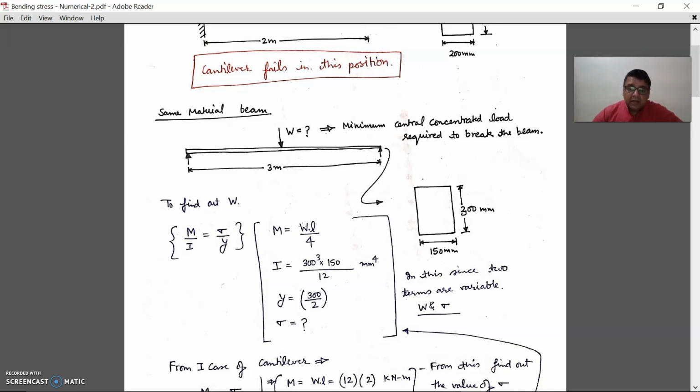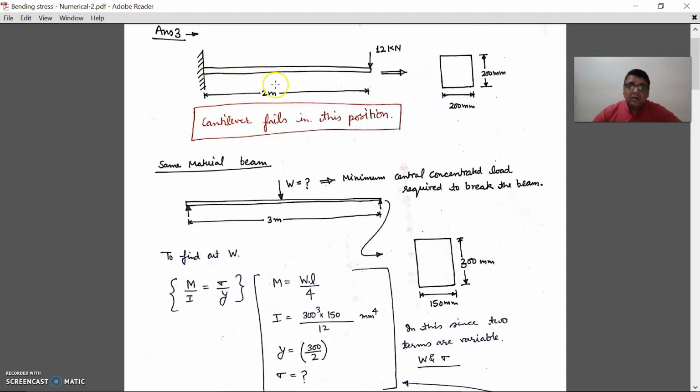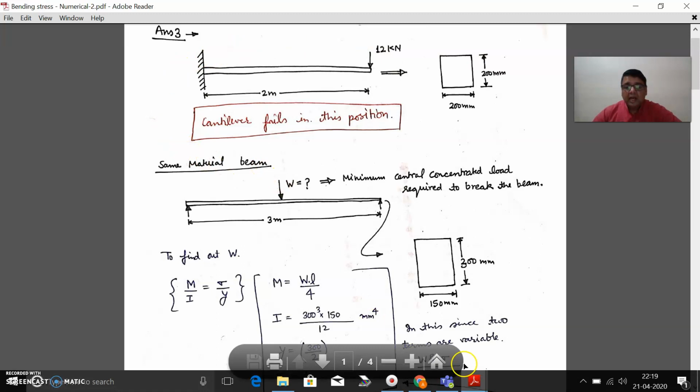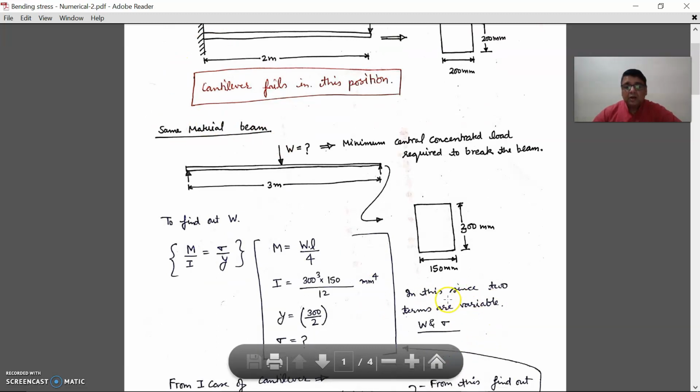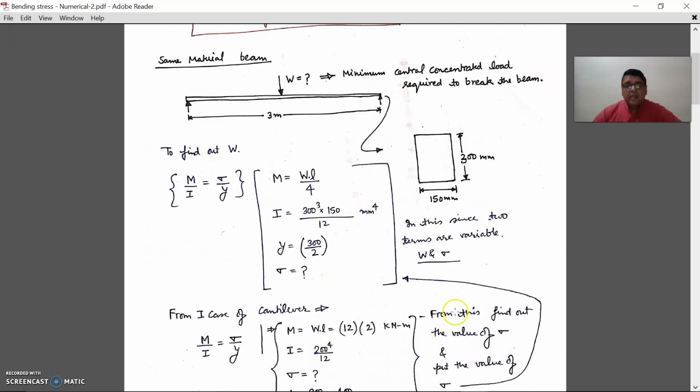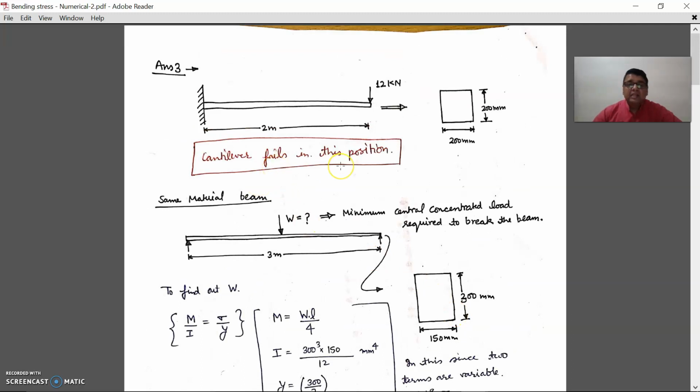For that, he has given you the first step, and in this step he already said that this cantilever fails in this position. That means because of the applied bending moment, it crosses its permissible limit of sigma.